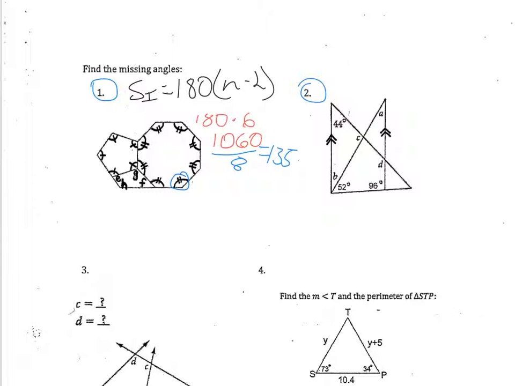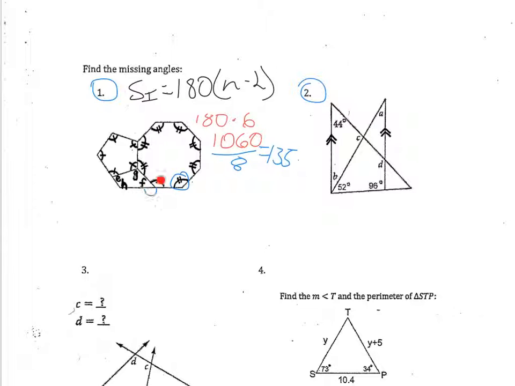Now that would just be for one angle. And now here we can see that we have a linear pair or supplementary angles right here because they make a line. And anytime something makes a line or it's like a turn, like halfway around a circle, it's going to be 180 degrees.